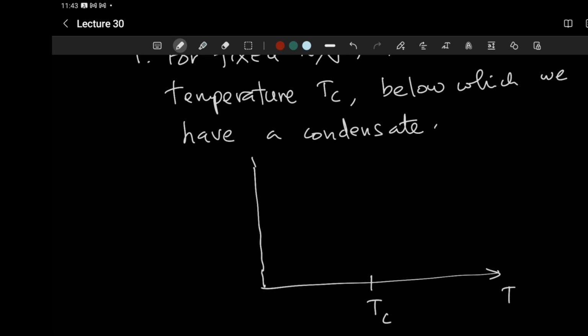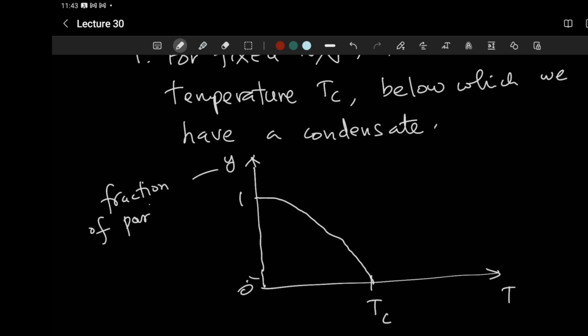I'll draw a curve and then I'll explain what the axis is. So this is 0 to 1. The y-axis is the fraction of particles in the ground state.